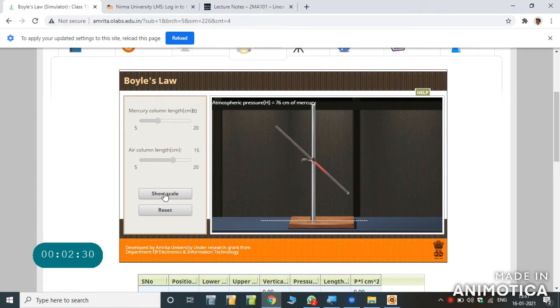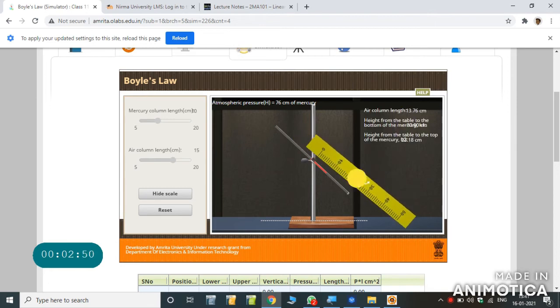Thus we will measure, first of all, the length of the mercury column. The length of the mercury column is approximately 10 centimeter, which doesn't change.